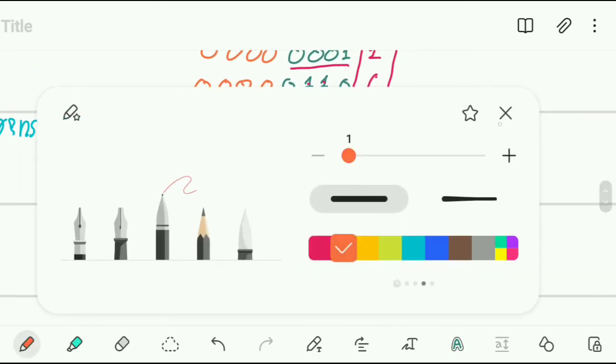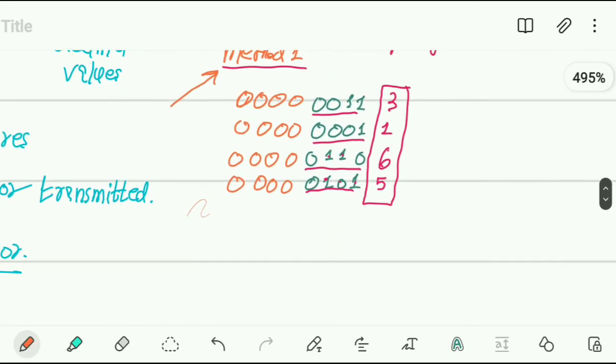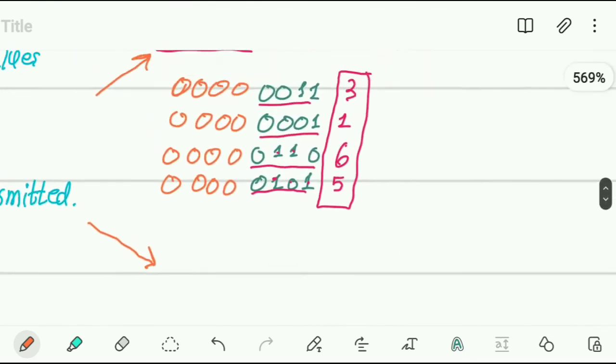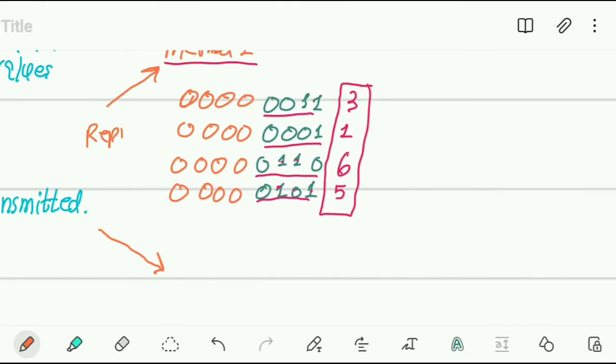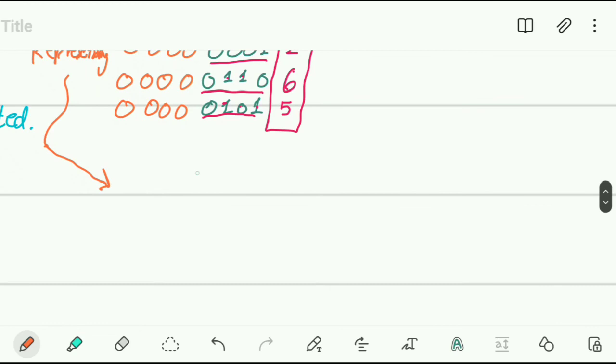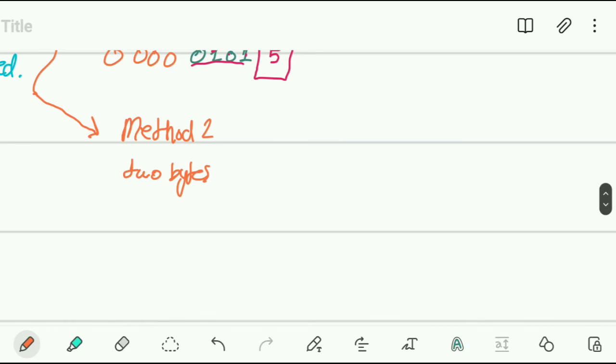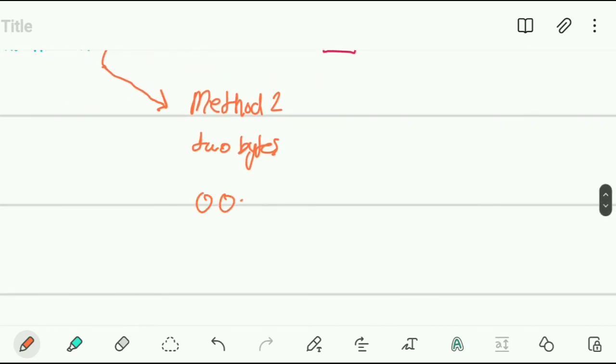And method 2: we can represent it in 2 bytes. So representing it like this, 0 0 1 1 0 0 0 1.